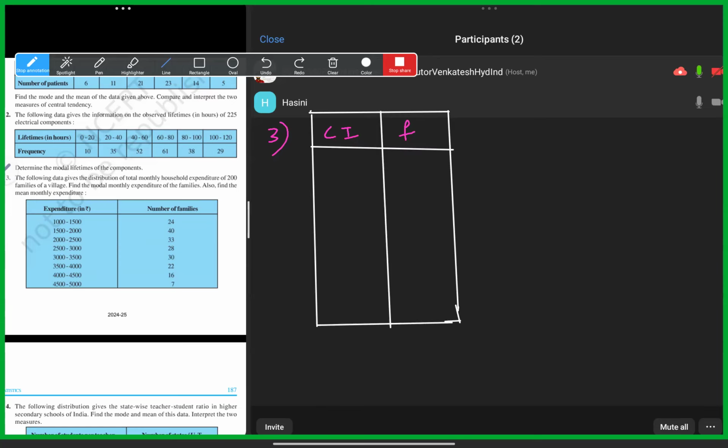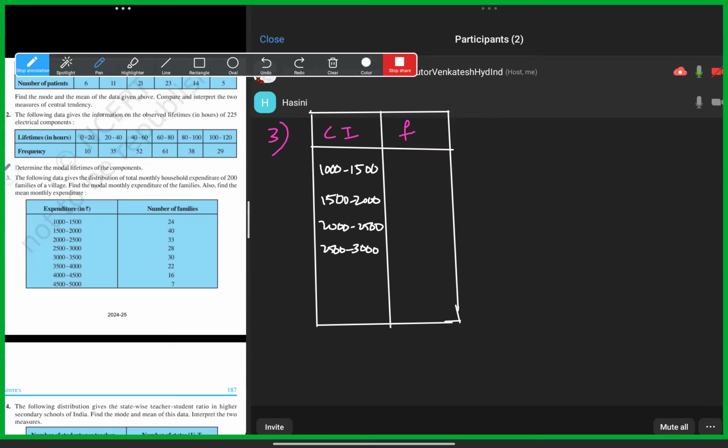So the class intervals, Hasmi, are 1000 to 1500, then 1500 to 2000, then 2000 to 2500, 2500 to 3000.